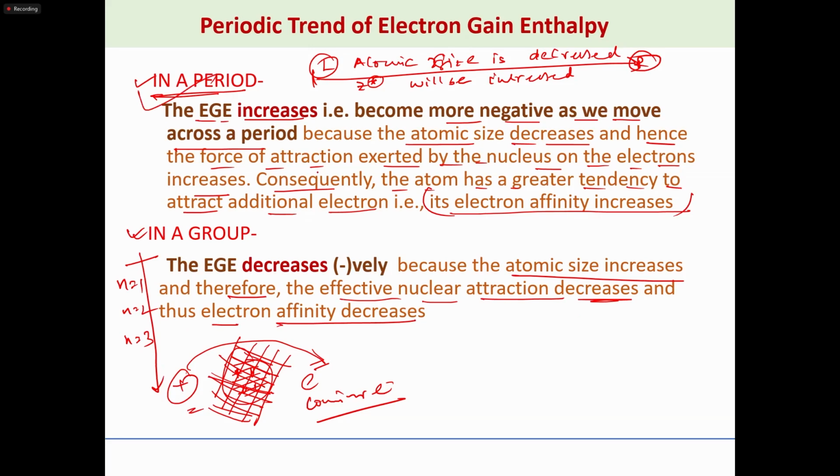So in a period, this value will increase. It will give a more negative value, and down a group it will be less negative.